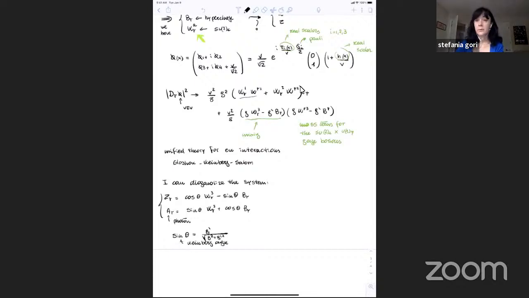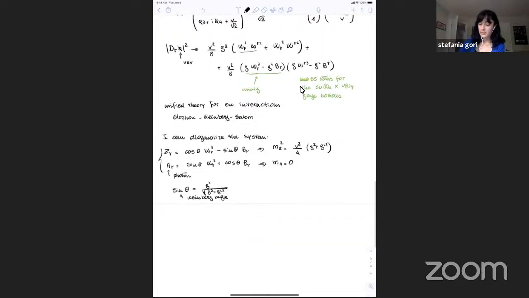And then we can compute the masses of these two gauge bosons, and we find that the mass of the photon is equal to 0, and the mass of the Z, let me write the square, is equal to V squared over 4. We did expect that this is proportional to the vacuum expectation value of the Higgs. And then you have this combination of couplings. So it's quite remarkable that we get a degree of freedom, namely the photon, that remains massless.